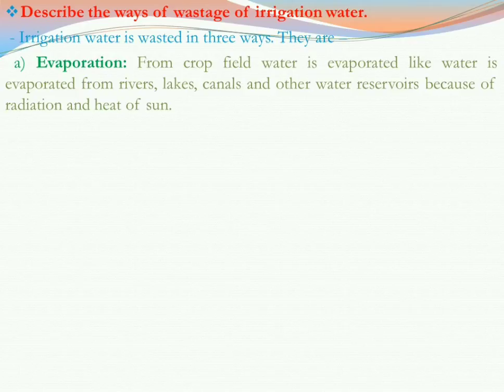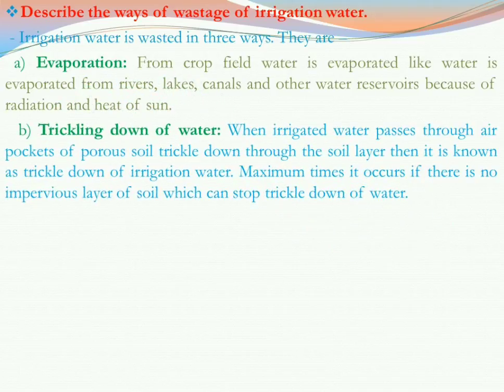So that cannot be stopped, but there is some process or way we have to follow so that evaporation can't go through like other resources. So this is evaporation, how irrigation water evaporates and is wasted.